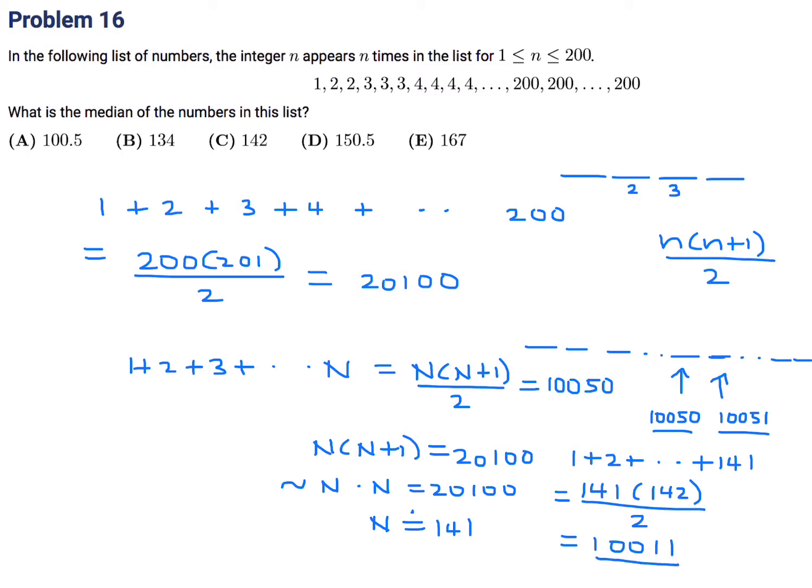So when we get to that term, that's the last 141. The next term after that would be 142. So after this, you would have 142 142s. So there we go. I just have to take the average of these two. Well, obviously, the average of those two will be 142. So number 16, the answer is C.